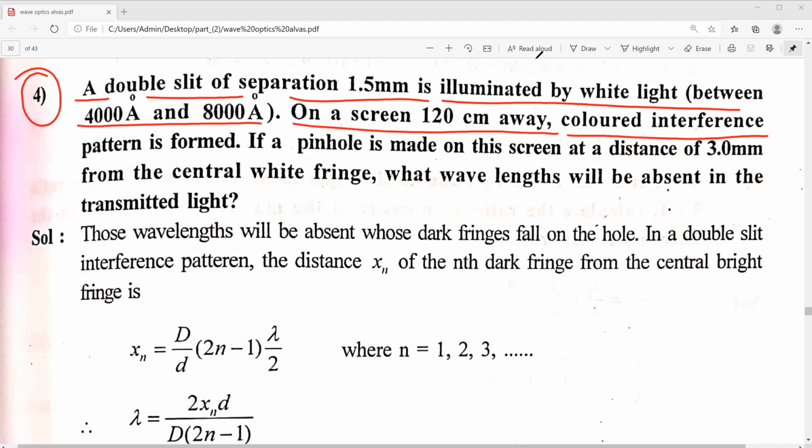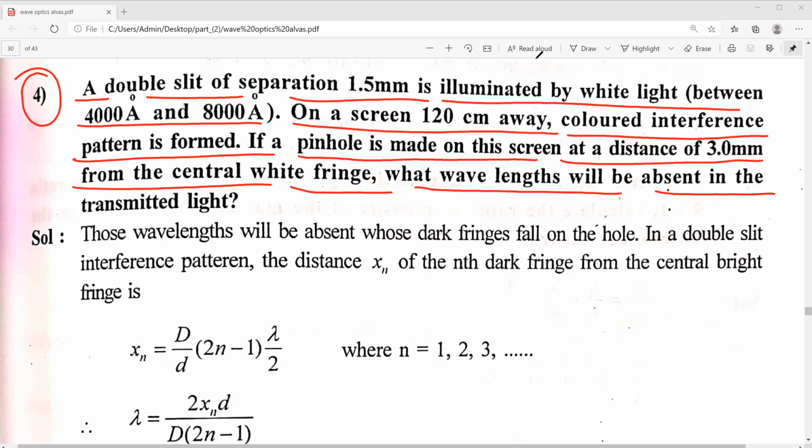A colored interference pattern is formed. If a pinhole is made on the screen at a distance of 3 millimeter from the central white fringe, what wavelength will be absent in the transmitted light? So let us see how to solve this one.